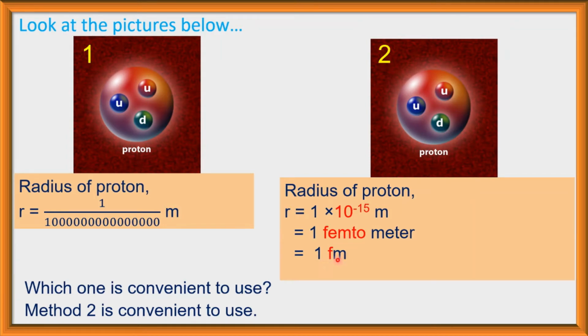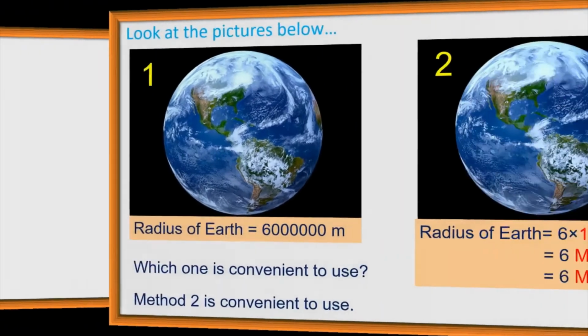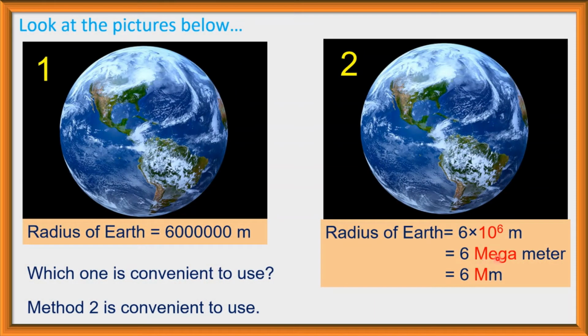So if you use 1 femtometer, here 1 into 10 to the minus 15, this method is more convenient to use, and here the femto prefix is used with this method. Here femto is a submultiple, and in this picture mega is a multiple, that is 6 megameter.